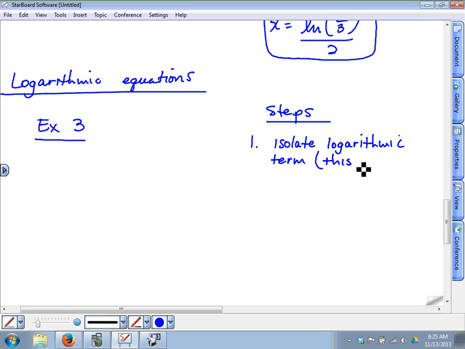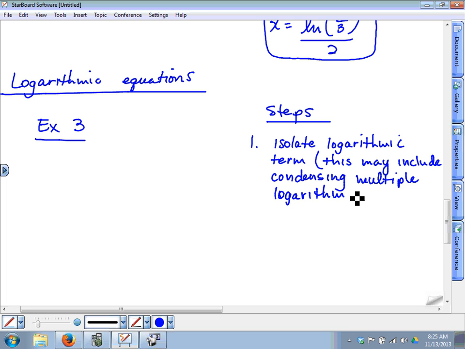This may include condensing multiple logarithms. If you have multiple logarithms on the same side of an equal sign, you have to condense them into a single logarithm, then isolate it.